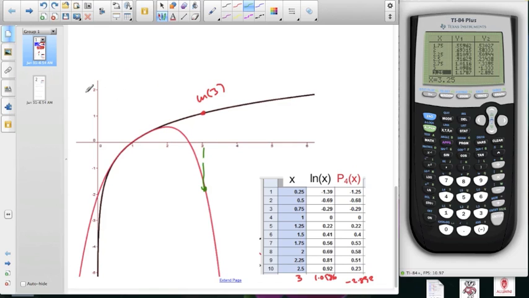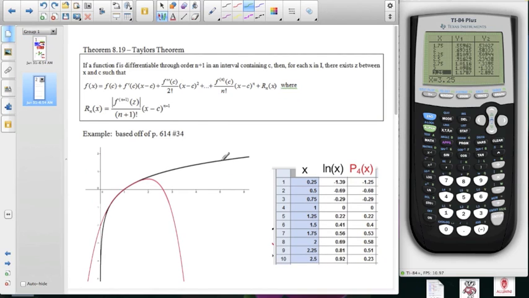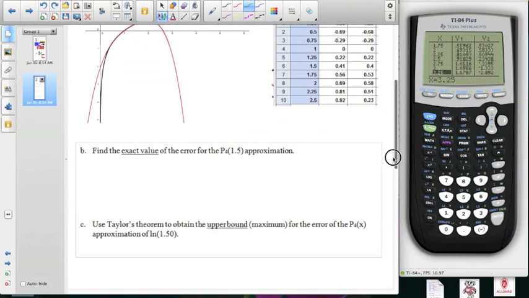So what we really are looking at is to get a feel for this error, this remainder. How far off are we from the actual value here? And of course, it's going to depend upon how far away from the center we are. And so we're going to get a feel for that on this next page. We're going to take this and say, well, what is our error?